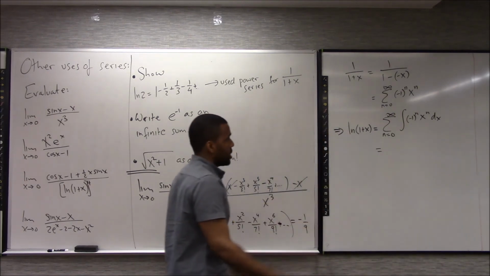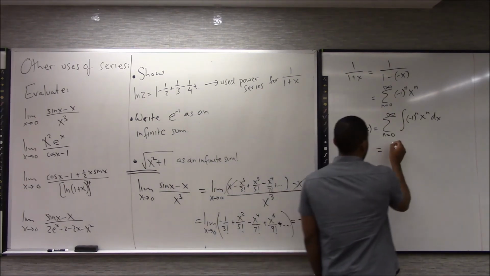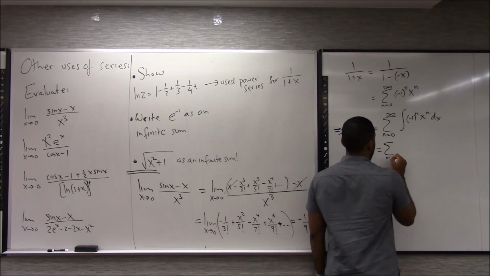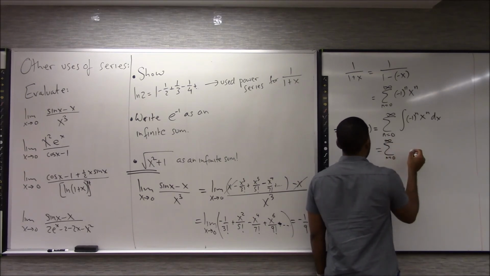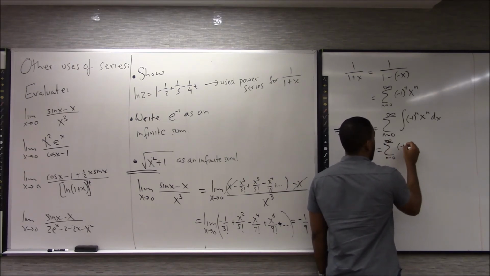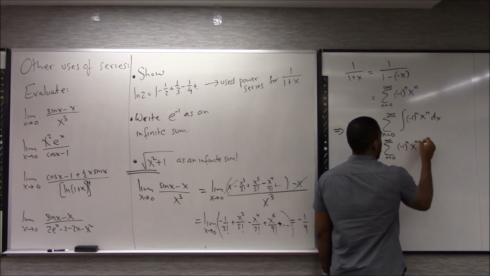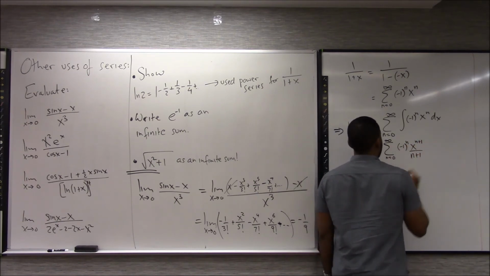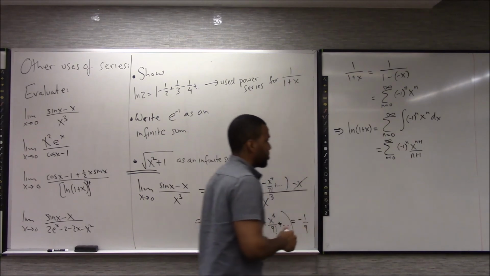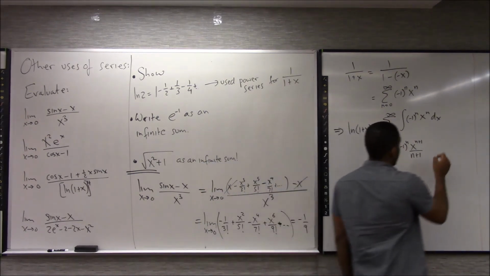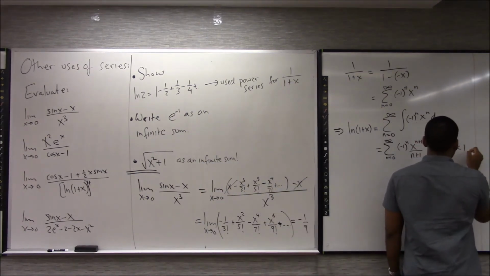You won't have to worry about any sign changes here, and so this would be the sum from 0 to infinity of minus 1 to the n, x to the n plus 1 over n plus 1. And this, of course, works when your x is less than 1 in absolute value.